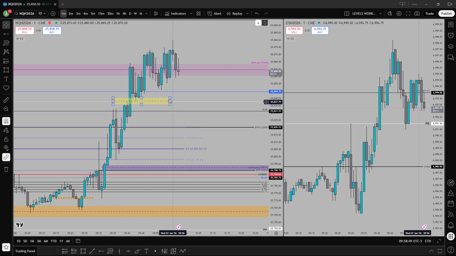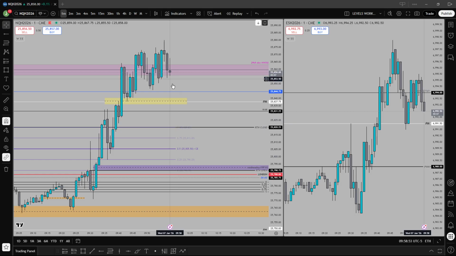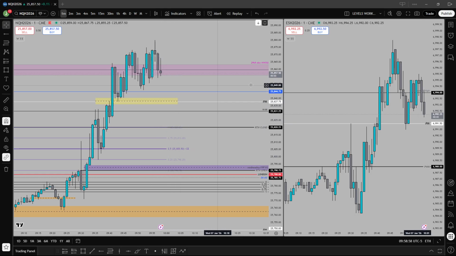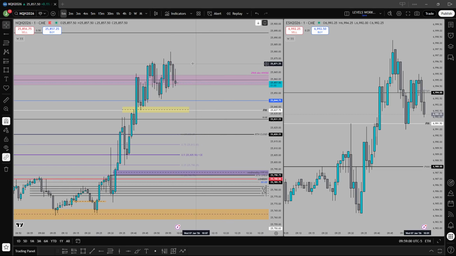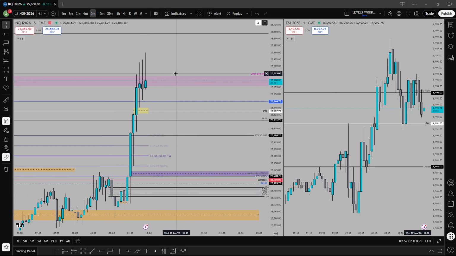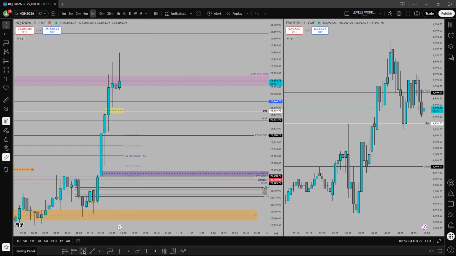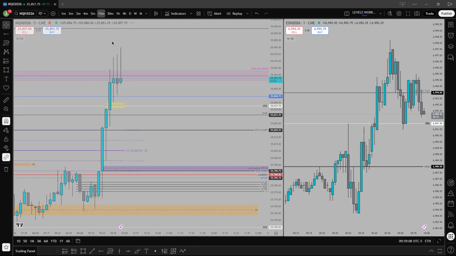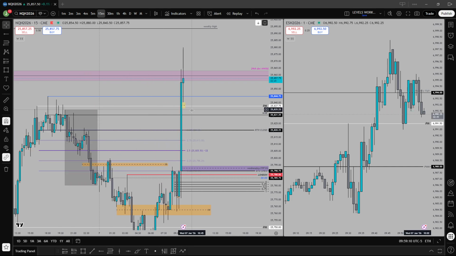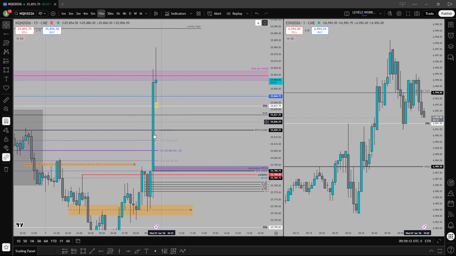We have this gap for 10 a.m. Maybe 10 a.m. could shoot for this gap and then start to expand higher, or, yeah.